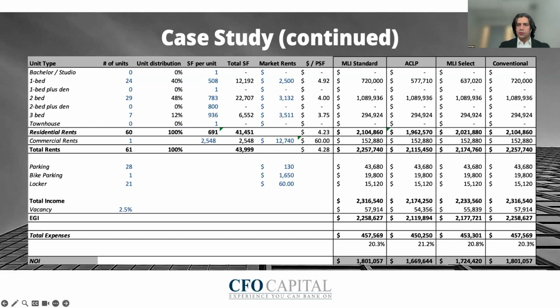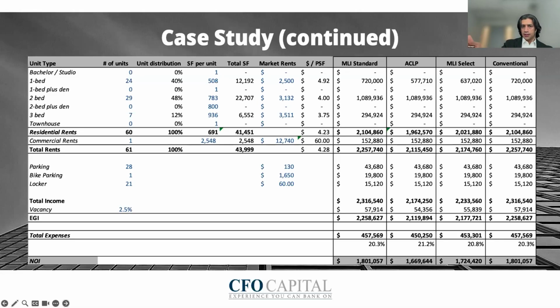You come down to the total rent, and you can see the difference manifest there. $2.2 million. What was the potential income versus the discounts that you have to offer in ACLP and MLI.